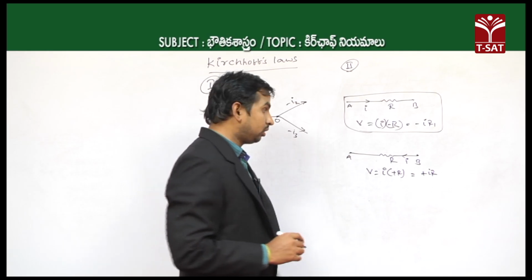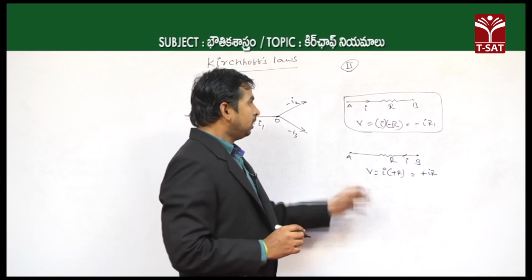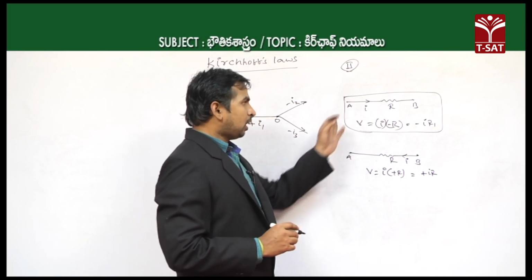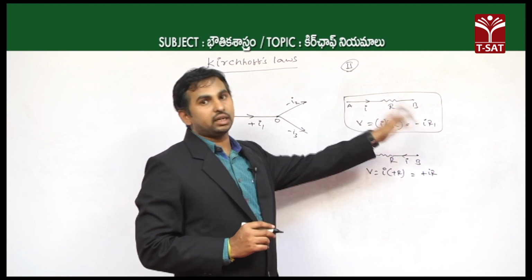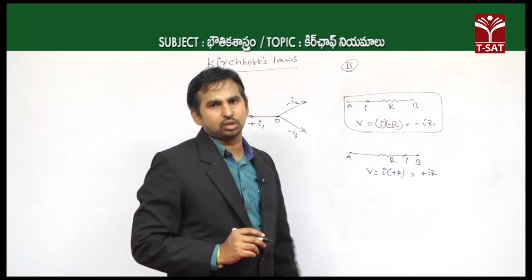That is, V is equal to plus IR. Like this, going opposite to the direction of current and in the direction of current, the resistance values are taken like this.